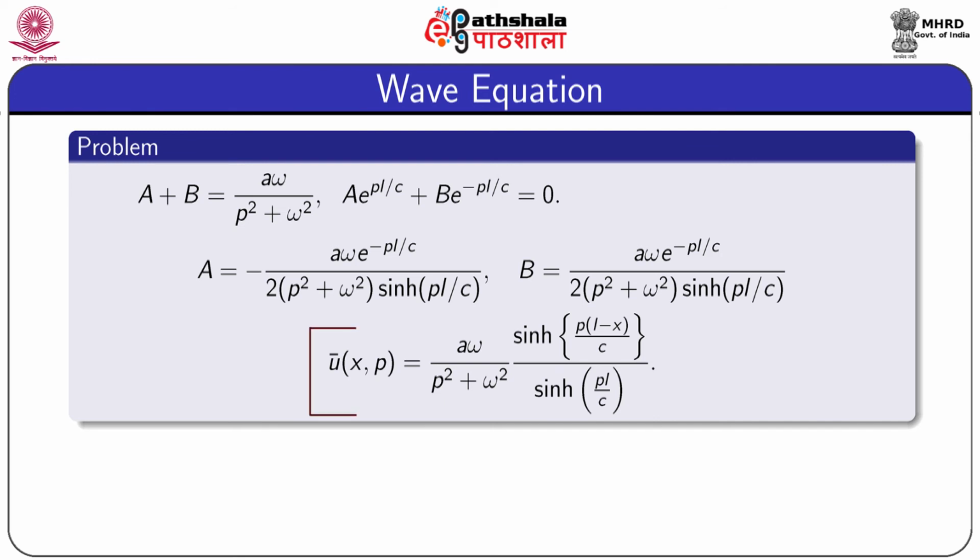Now, to evaluate this contour integration, we need to think about the function u bar. If you look at this function, u bar has singularities at the points where p square plus omega square equals 0, in other words, at p equals plus minus i omega.